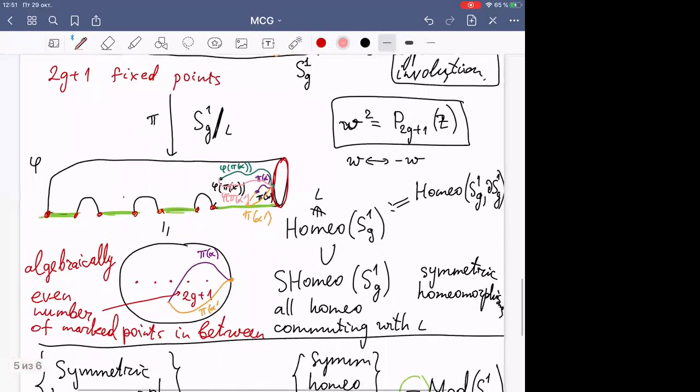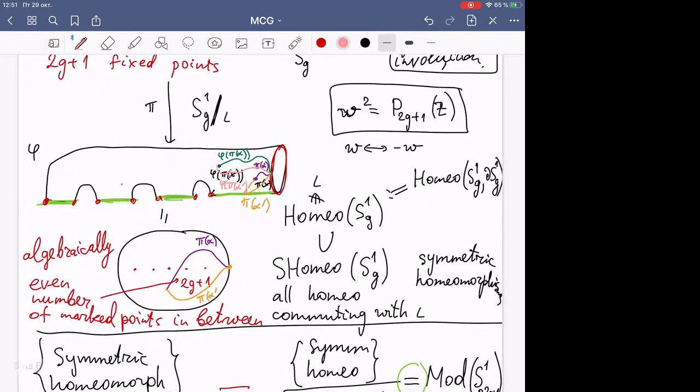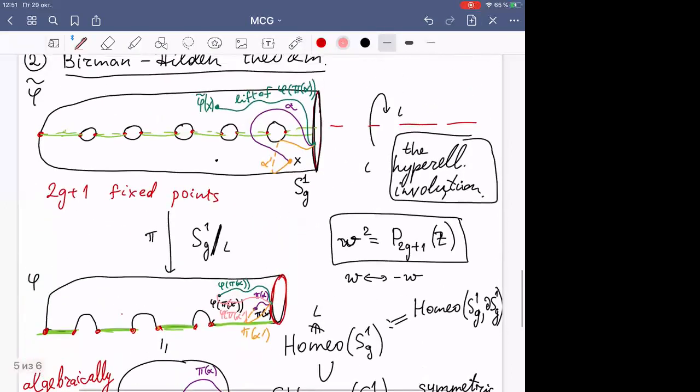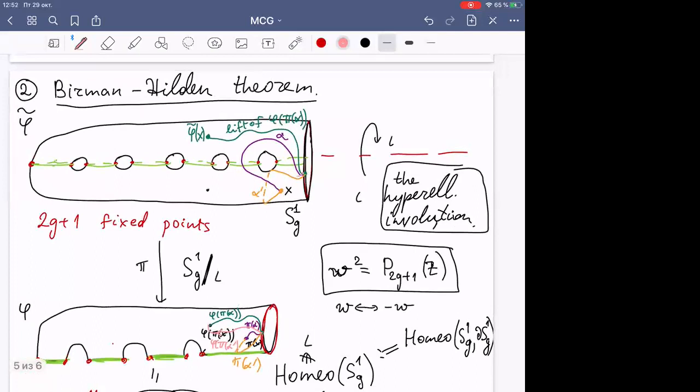And again, after the homeomorphism phi, we have an even number of points in between pi of alpha and pi of alpha prime, and hence we have an even number of points between phi of pi of alpha and phi of pi of alpha prime, and hence the corresponding curve again remains closed upstairs.